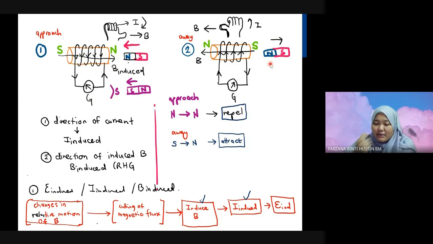So it wants to attract the magnet bar back so that it cuts the magnetic flux.